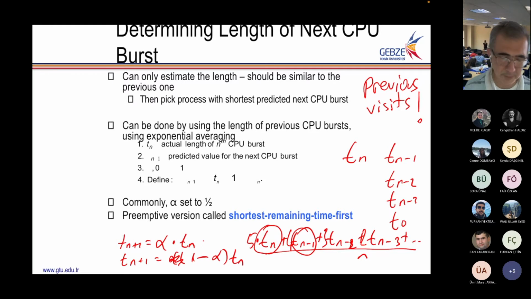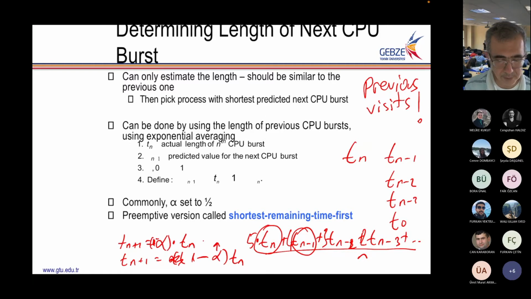That's the formula. I was wrong earlier. It depends on the alpha value.